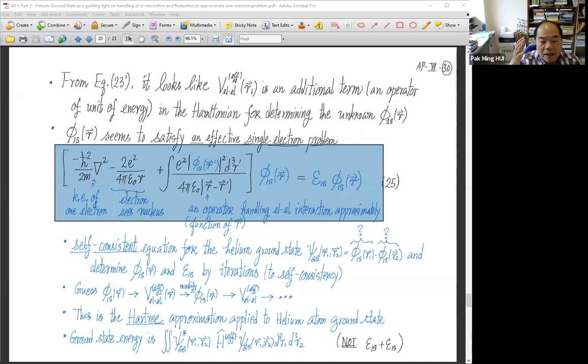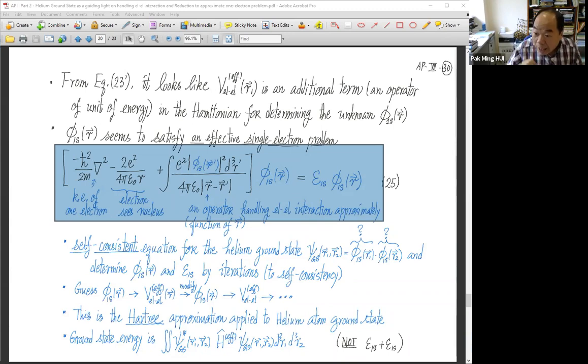But don't be too happy. We have reduced it to single electron problem, but we have also revealed, or unveiled, the complexity of many electron problems.